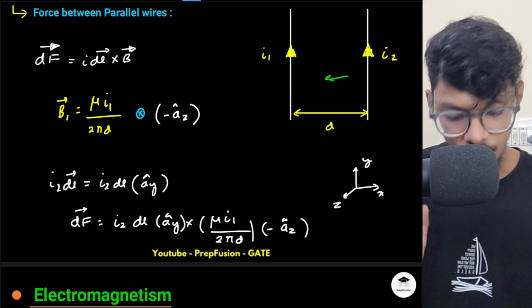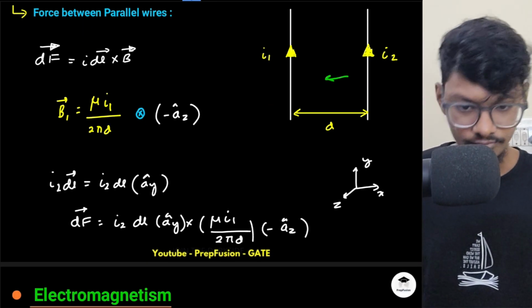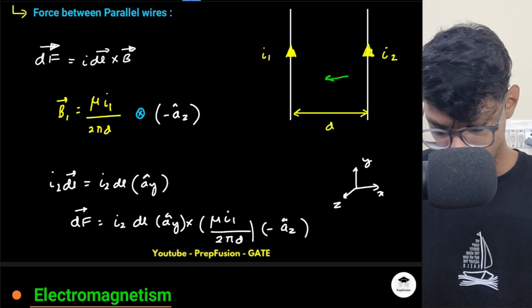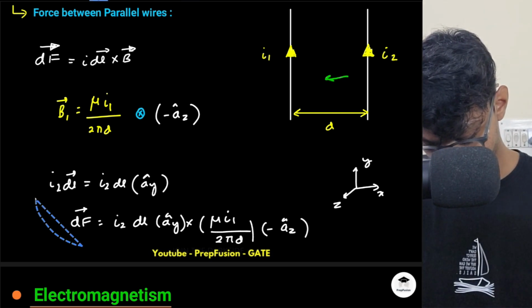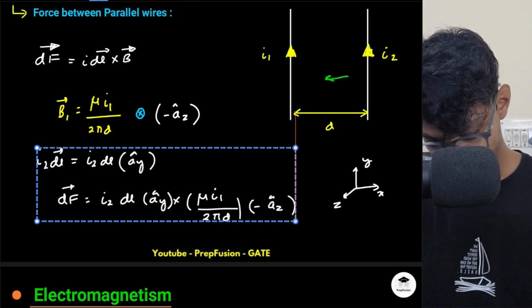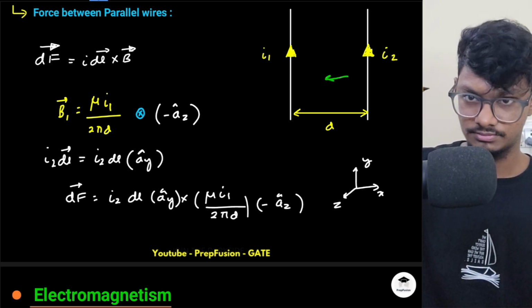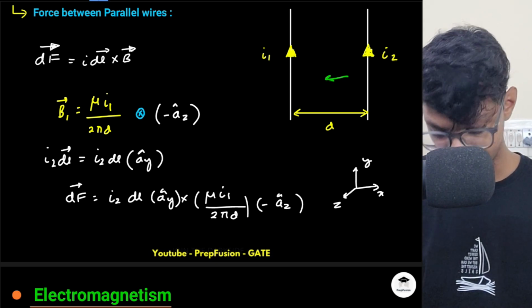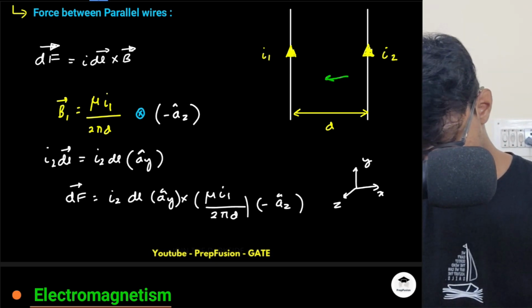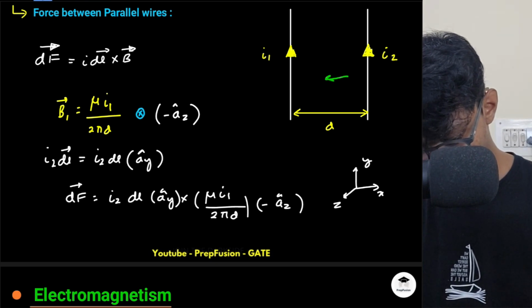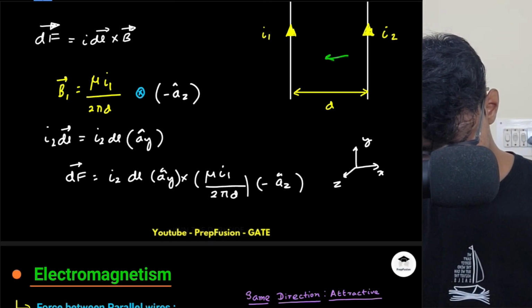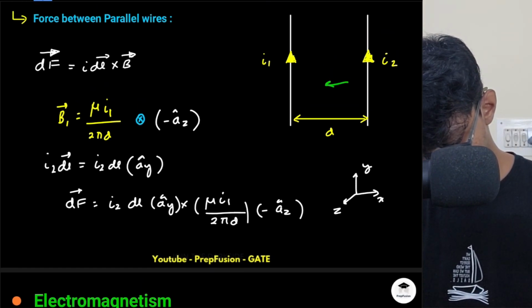So if I write this down properly, if the lengths are both L, I will integrate this from 0 to L. What will the final expression be?